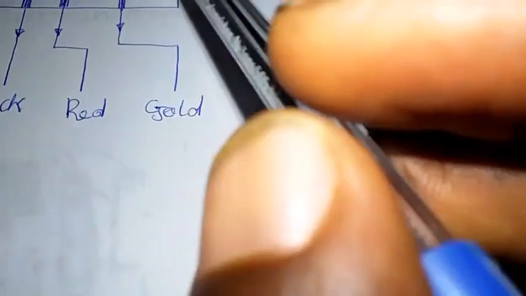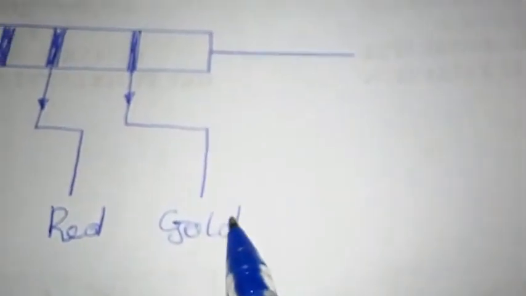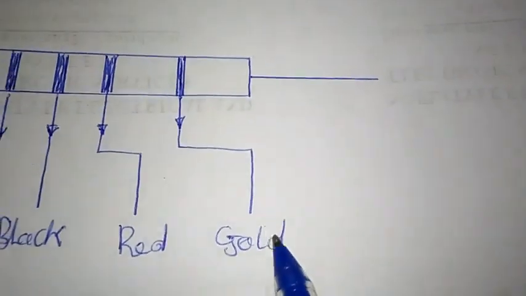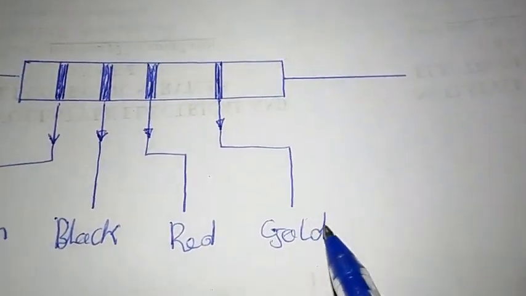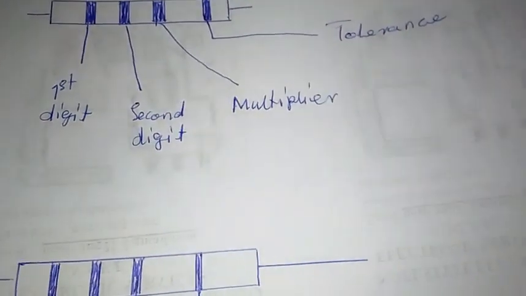Now the tolerance band, which is the fourth band here. The fourth band here is gold. And on the table we have gold to be plus or minus 5. Let's check it out.